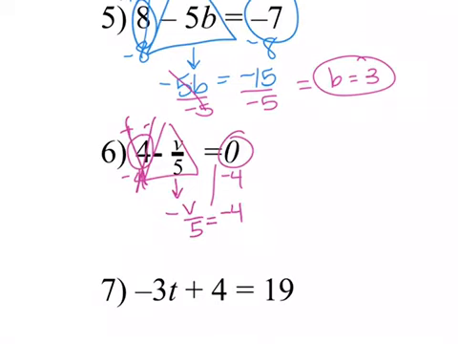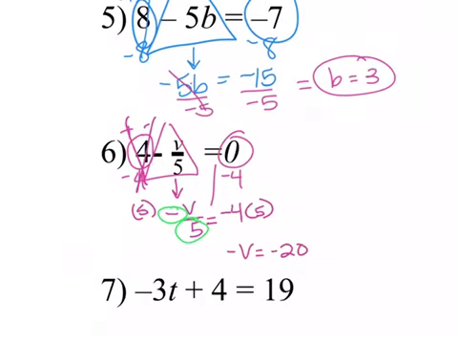So since this is division, v divided by 5, I want to multiply. So I have to do the opposite. And since there's a negative in front, I'm going to take that with the 5, because I don't want to forget that. I don't want to exclude that. Even if you did leave it, say we left that negative v and we just multiplied by 5 on either side, that would give me negative v equals negative 20.